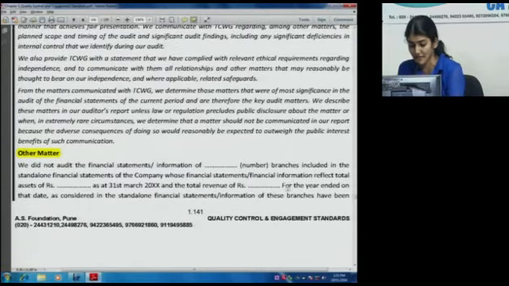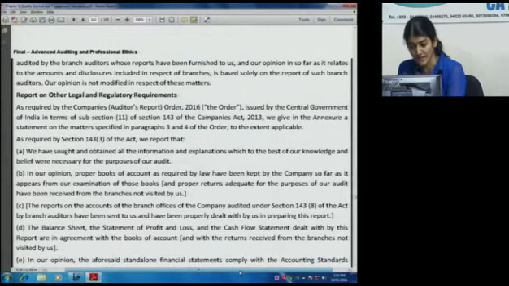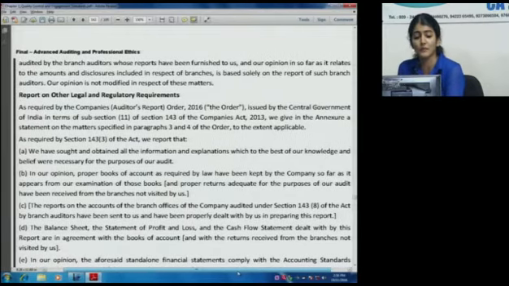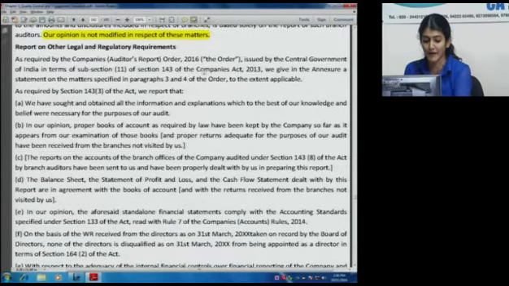Information of these branches has been audited by the branch auditors. Has everybody found that? Whose reports have been furnished to us. And our opinion, insofar as it relates to the amounts and disclosures included in respect of these branches, is based solely on the report of such branch auditors. Our opinion is not modified in respect of these matters. So it is clearly mentioned in his report the extent to which the financial statements have been audited by another auditor.